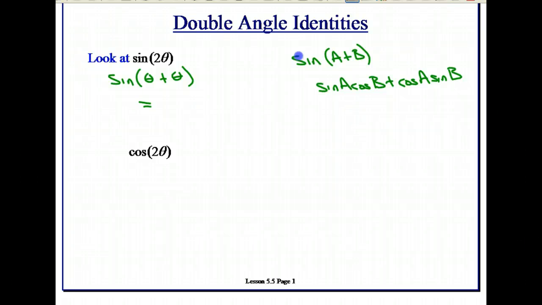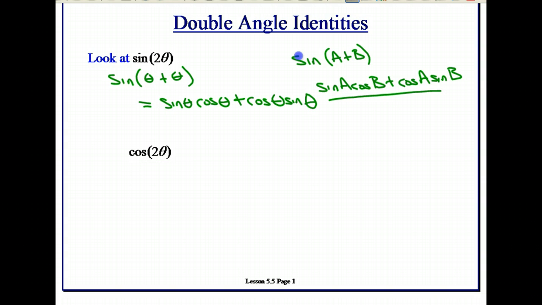And so using my identity over here, sine A cosine B, I get sine theta cosine theta plus cosine theta sine theta. And you look at that and realize you just wrote the same thing twice. Multiplication is commutative, so it's really the same thing. So this is really just 2 sine of theta cosine of theta.